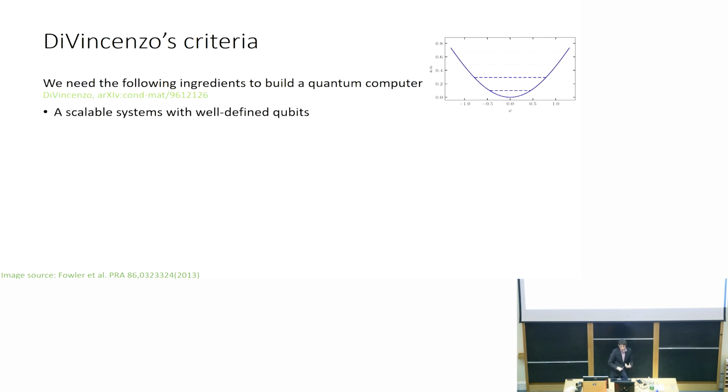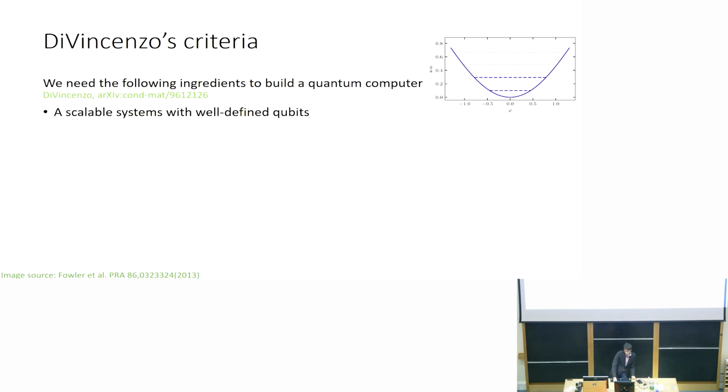With this in hand, I want to show what you need, and this was nicely summarized in DiVincenzo's criteria roughly 25 years ago. The first thing is that you need qubits which are scalable, which is basically the building block of a quantum computer. That's nothing else than what you need classical bits for in a classical computer.